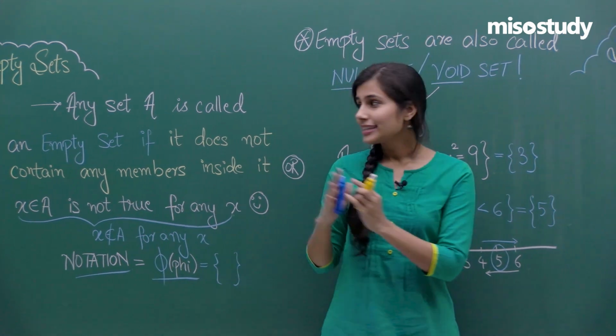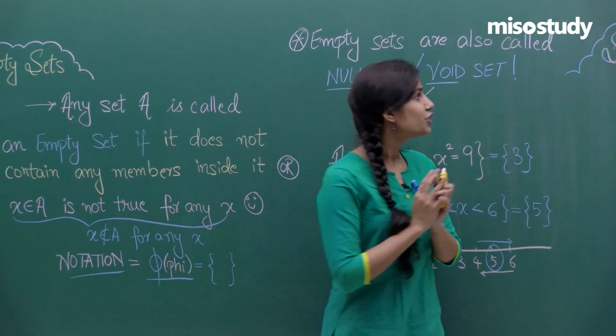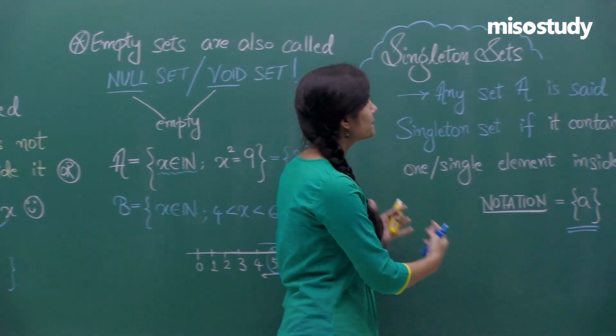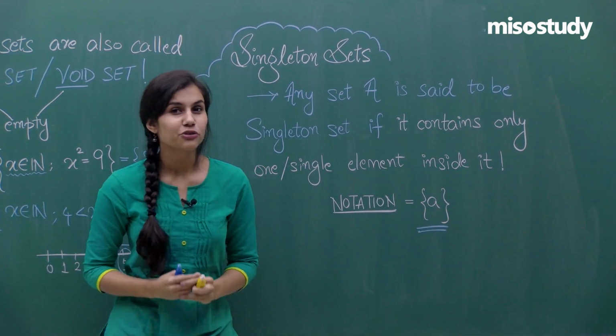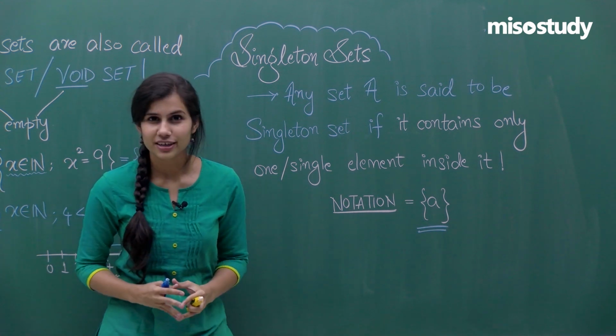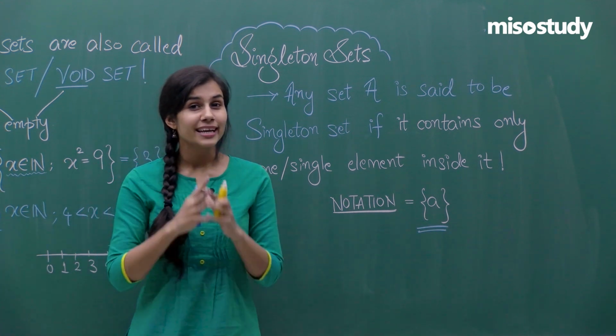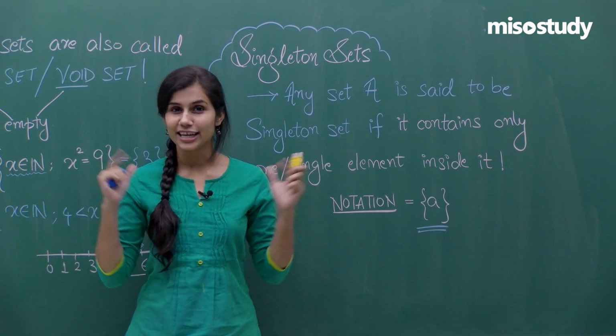In a similar way that I had made a playful application of empty sets, you can very nicely develop some playful applications of Singleton sets too, and that will make you realize how much they are applicable in real life. We are going to move on to our next category of sets waiting for us, but only when you have these in your notes.